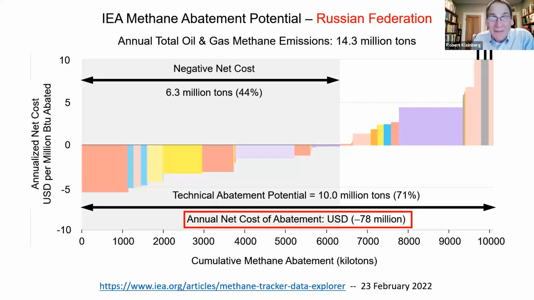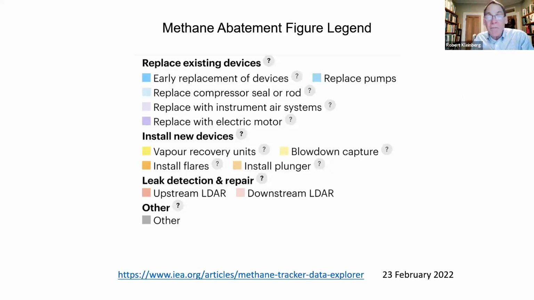So they should get on it. Okay, just for purposes of reference in your slide deck, all those colored boxes on the previous two charts had specific abatement references, and that's all shown here. You can look at that when this is all posted on the Meta website.